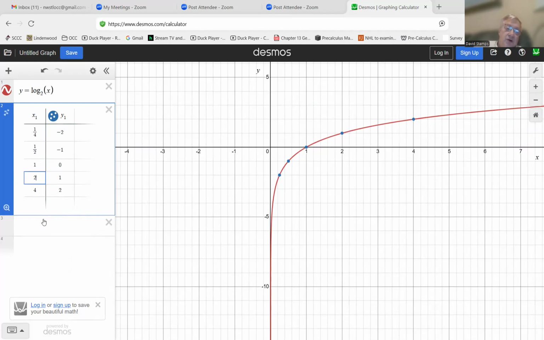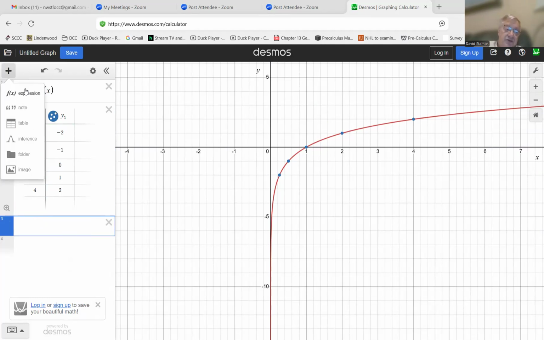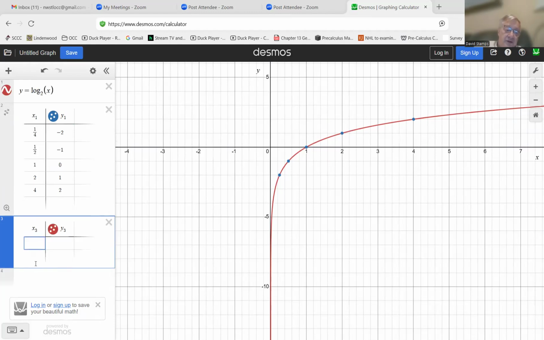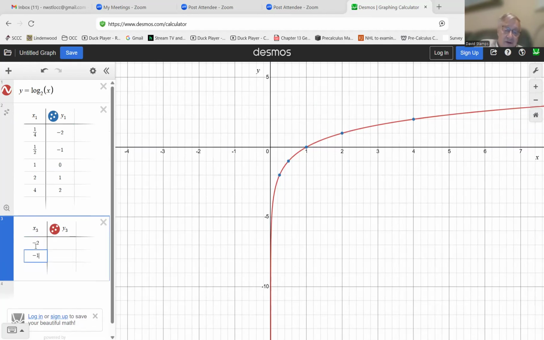Another way to do that would be to create a table of exponential values. I'm going to do that here, where I pick the usual x values, -2, -1, 0, 1, and 2.